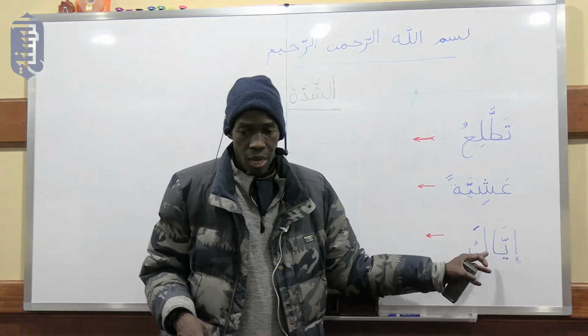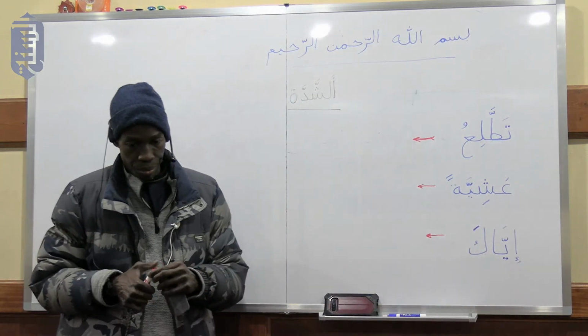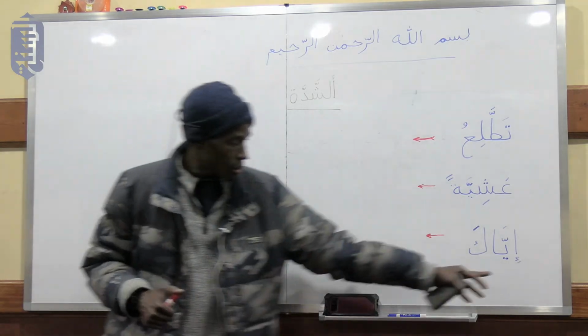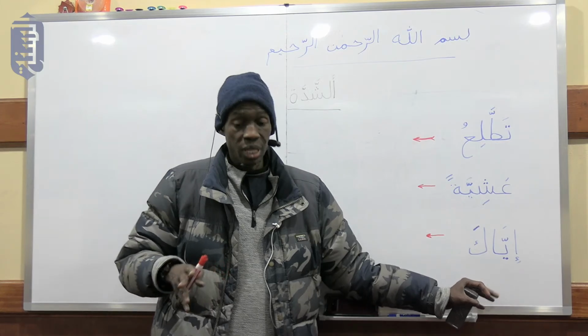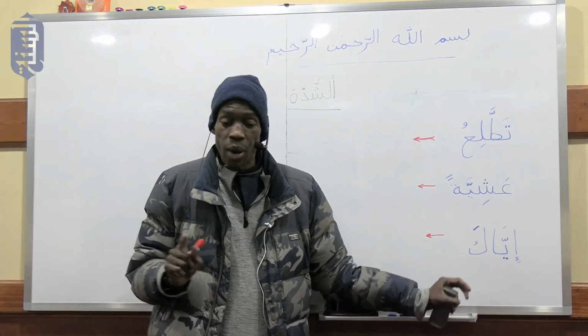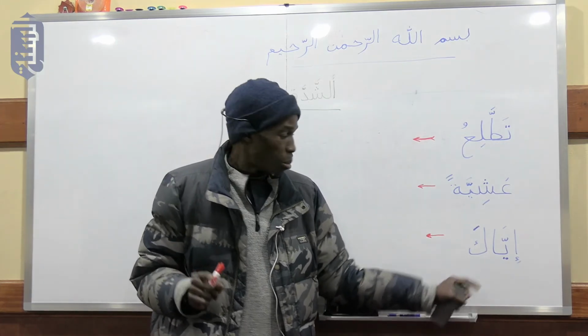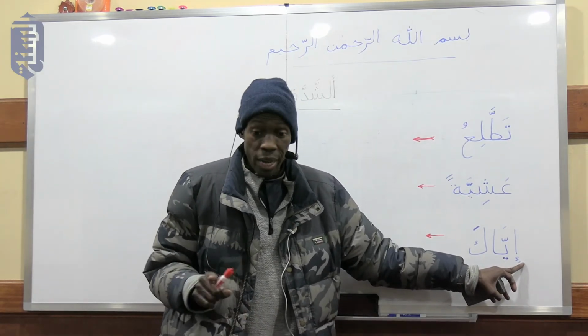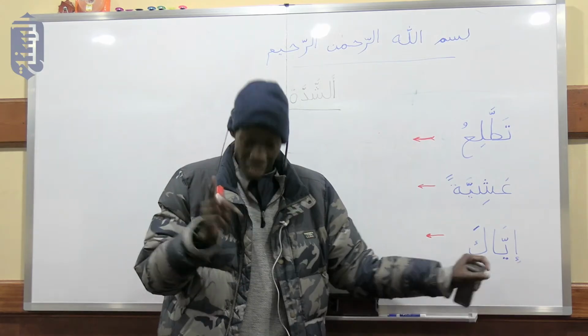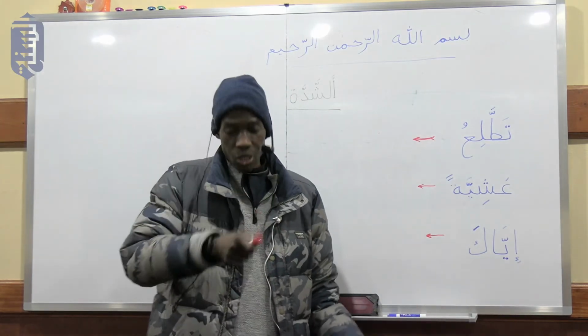So it would be Hamza, Kasra, Ya, Shadda, E, prolonged. Why is it prolonged? Because this first ya is prolonging this kasra, which is a mad, right? Which is also a mad.